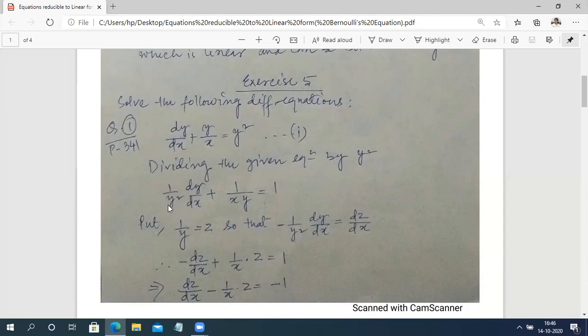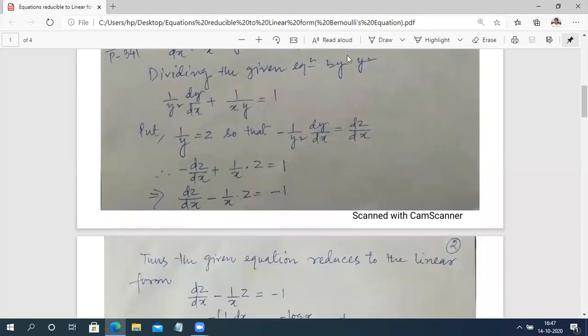Here you can see 1/y² dy/dx is minus dz/dx. So substitute this as minus dz/dx plus 1/(xy), that is 1/x into z, is equal to 1.